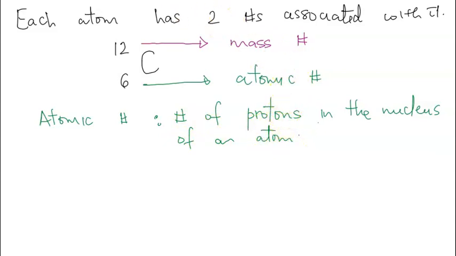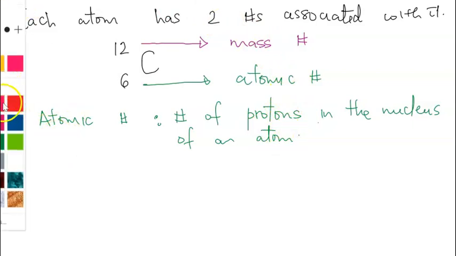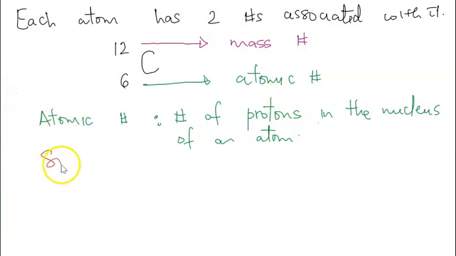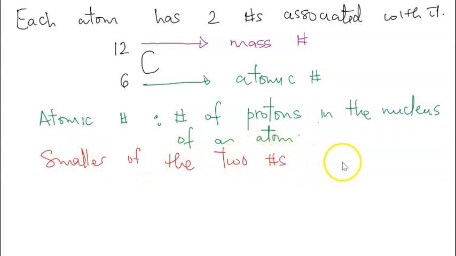How can we know the atomic number? It will be the smaller of the two numbers in most periodic tables.